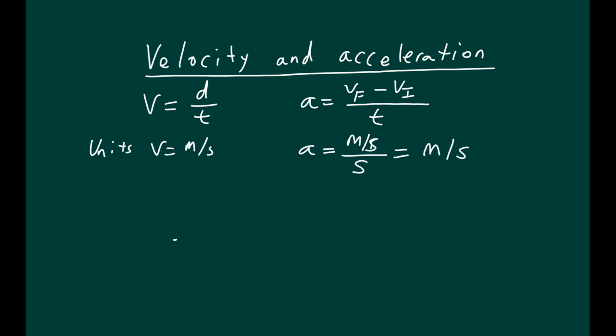Meters per second squared. Okay. Now, one thing to keep in mind, both of these, velocity or acceleration, can be negative. Negative just means you're moving left, down, backwards.